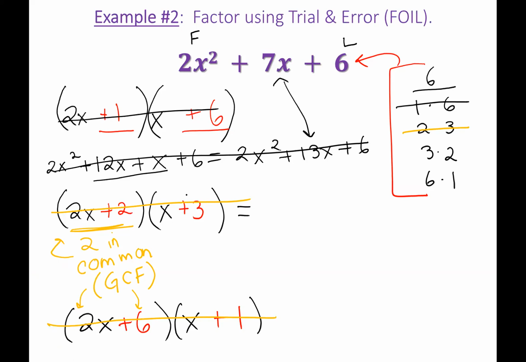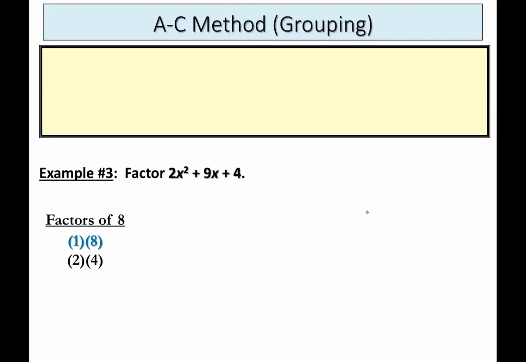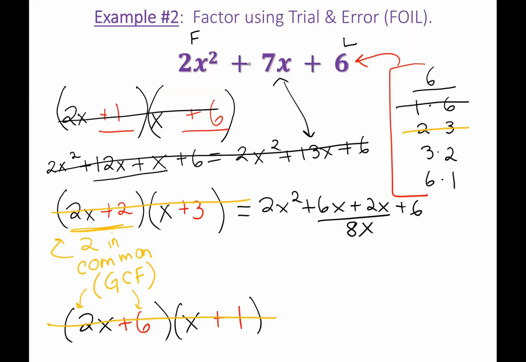So back to the second one we tried, 2x plus 2, x plus 3. If I were to FOIL there, I'd get 2x squared plus 6x plus 2x plus 6. So the 6x plus 2x add up to 8x, which is close to what we want, but it's not equal to 7x.